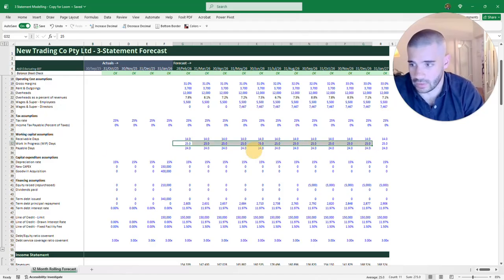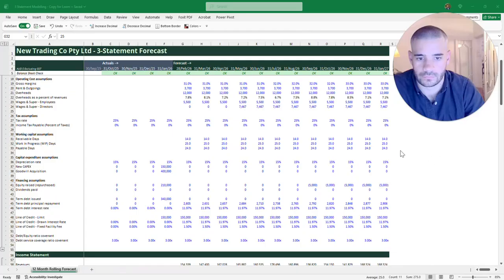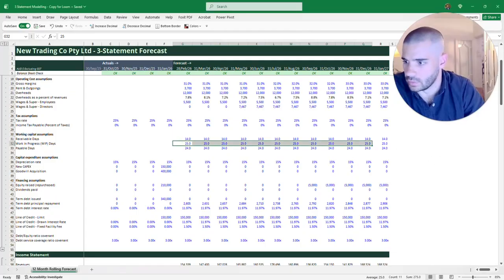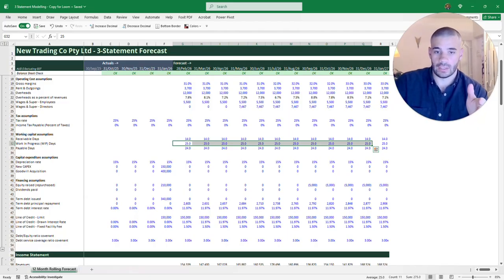Second thing we need to think about is what's called WIP, or work in progress. This is pretty common with any sort of construction business, or even accountants like me. We would have WIP days as well, where you start a job and it takes a certain amount of days to finish it, and once you finish, then you send the invoice.